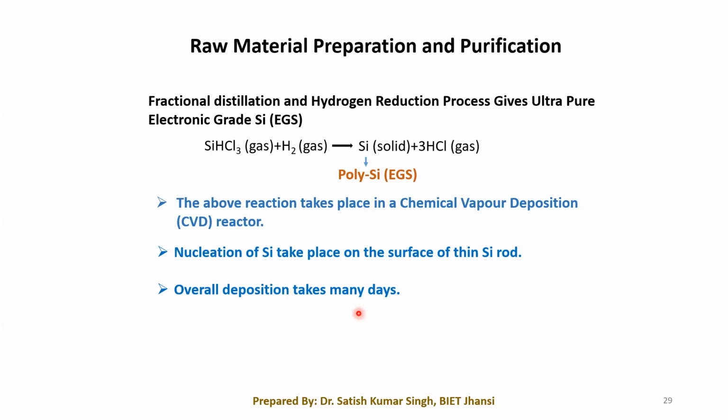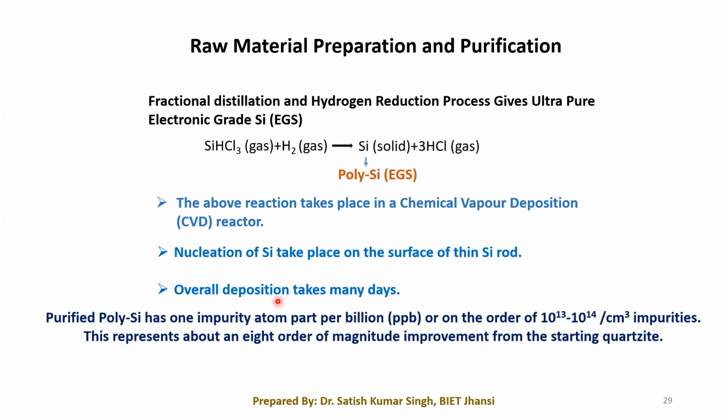Now we have to think about what ultra pure is. This purified polysilicon has one impurity atom per billion. So please think of it: one impurity atom per billion atoms of your silicon crystal. Or, on the other hand, you can look at this figure: on the order of 10 to the power 13 to 10 to the power 14 impurities per centimeter cube of your polysilicon.